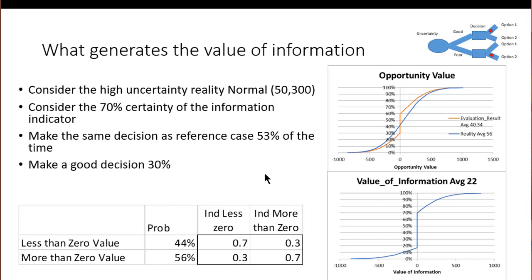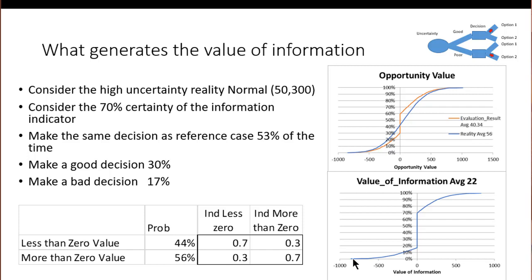Now, the other observation is we make a good decision 30% of the time. Here's the 30% up here. I've got a positive value of information. And I make a bad decision 17% of the time. That's the 17 down here. And so sometimes, in this case, it's a really bad decision to follow the decision policy.